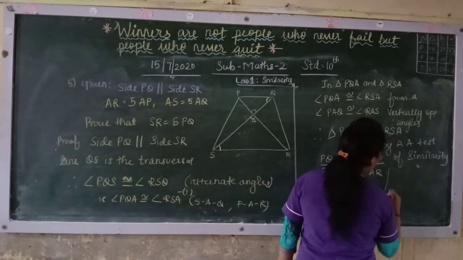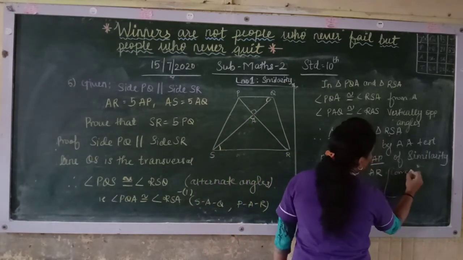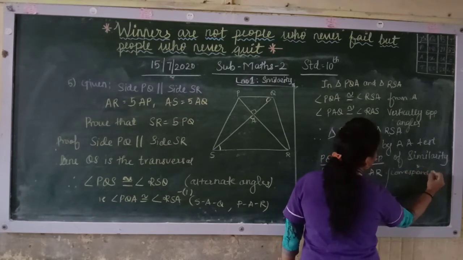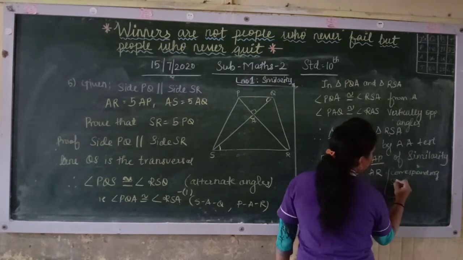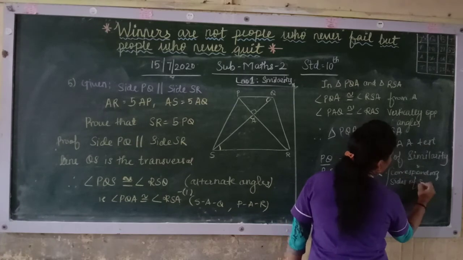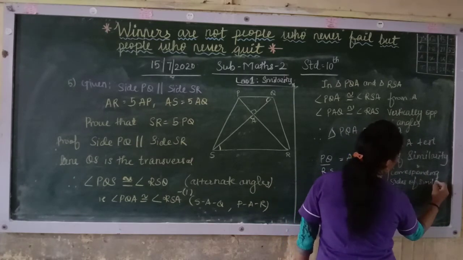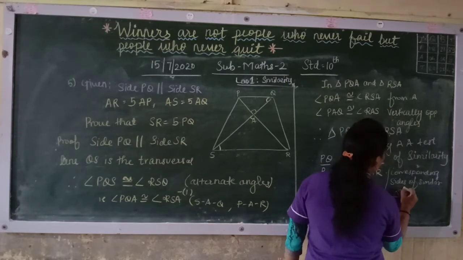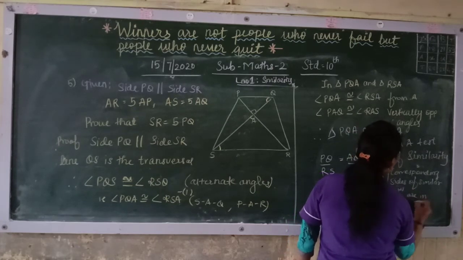Now these sides you are getting in proportion. The reason you will write is corresponding sides of similar triangles are in proportion.